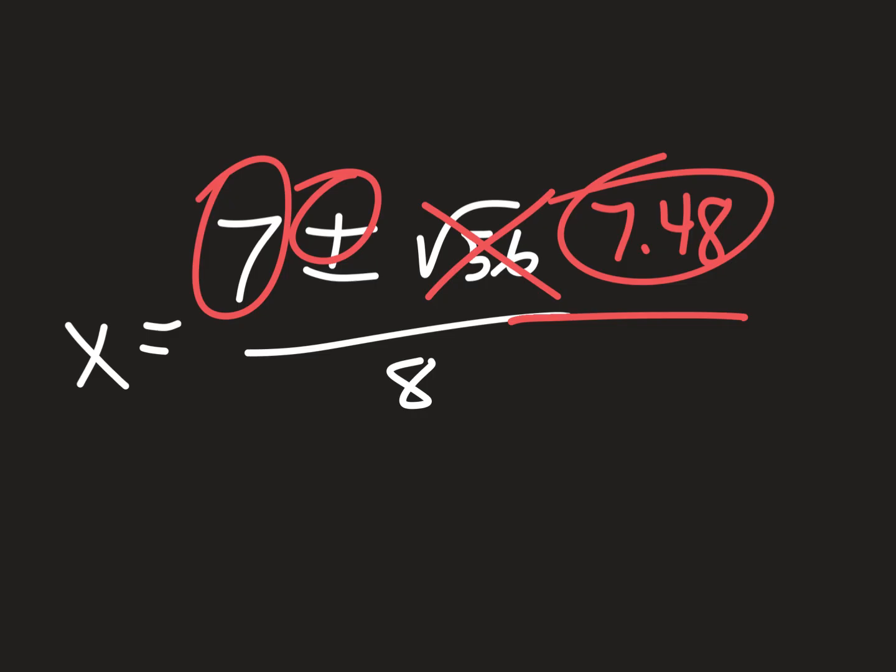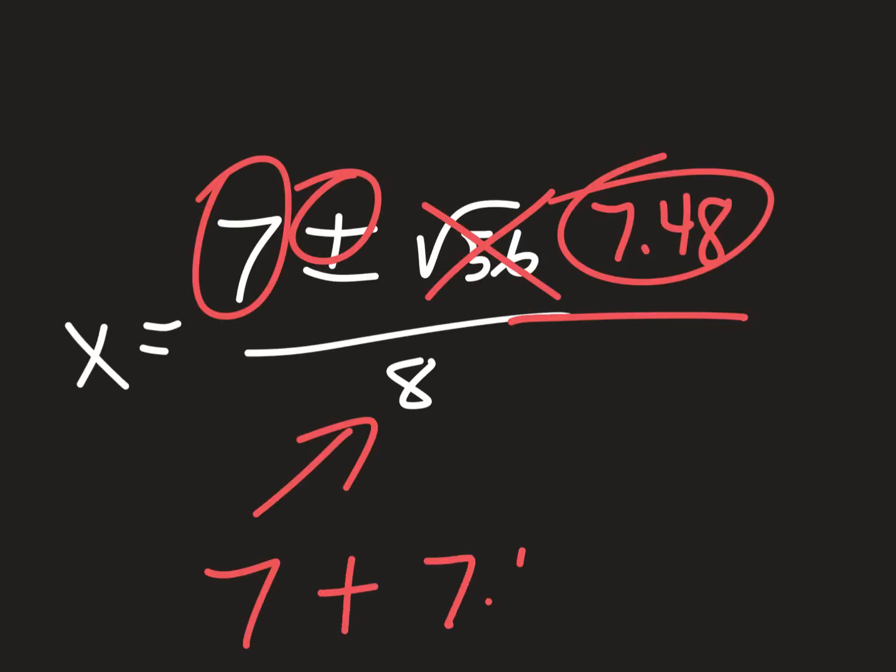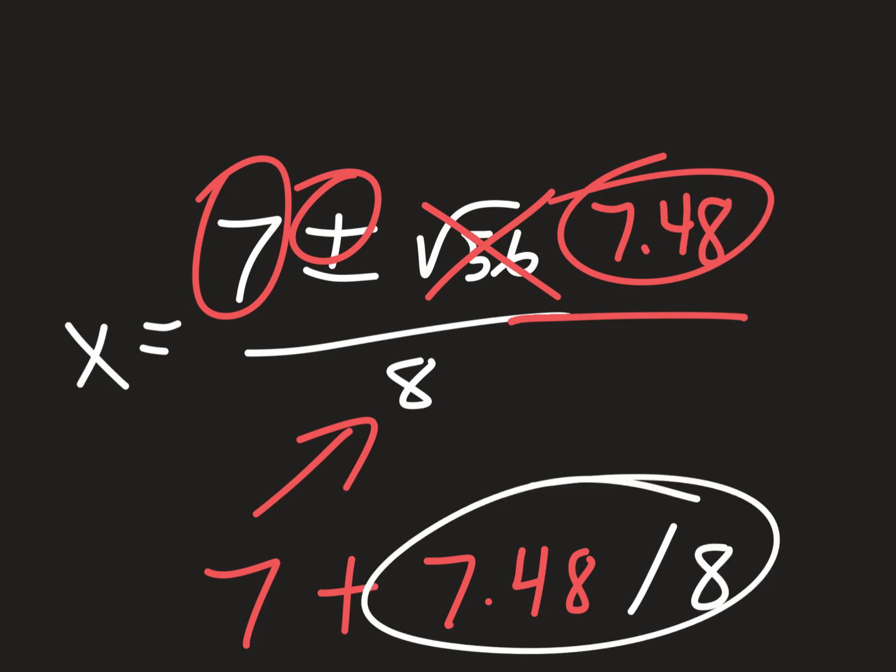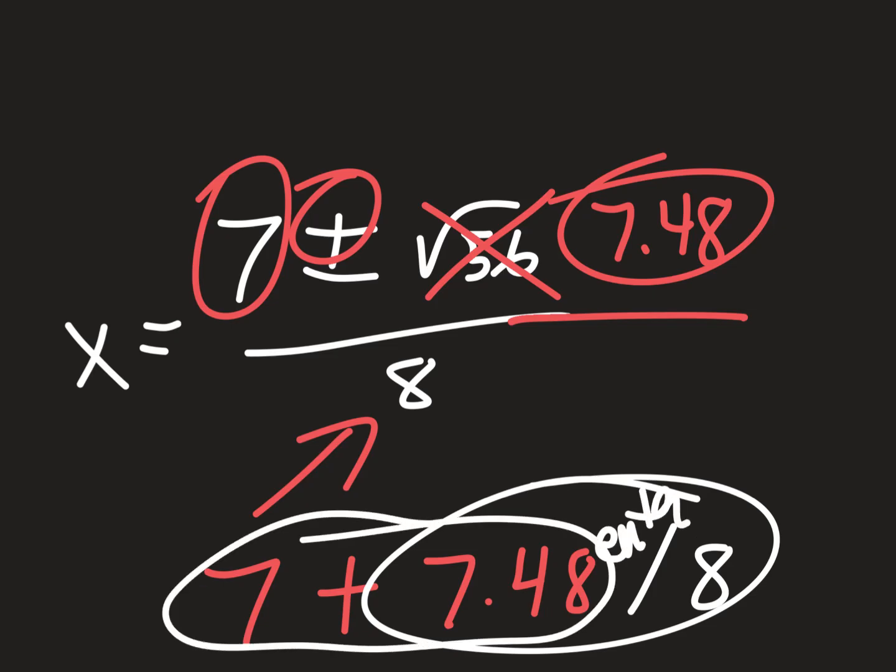Remember, hit enter before you divide by 8. Otherwise, your calculator will think you want it to do this. If you just say 7 plus 7.48 divided by 8, it'll do that division first because of the order of operations. You know what I mean? So you have to hit enter after doing your addition there. All right, so you can get your answers that way for the decimals.